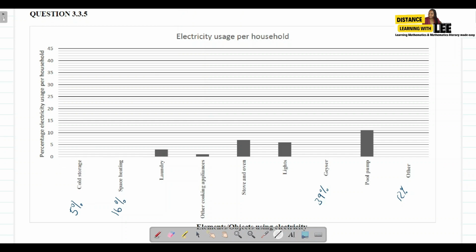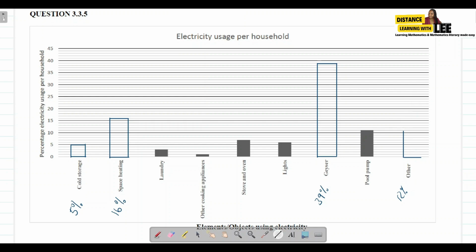The cold storage is 5%. That was the percentage. So I'm just going to draw that there. For the space heating, it was 16%. Okay, that is 15% there. Therefore, that there is 16%. Okay, and the geyser was 39%. That's 36 there, 37, 38, 39 there. Okay, and the other was 12%.